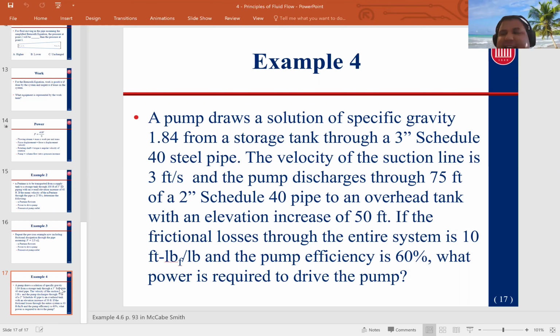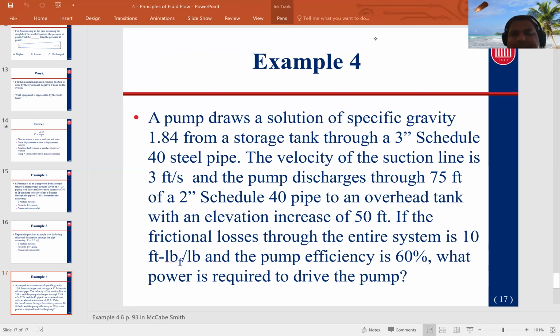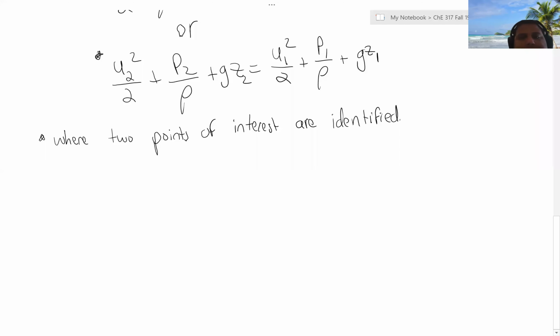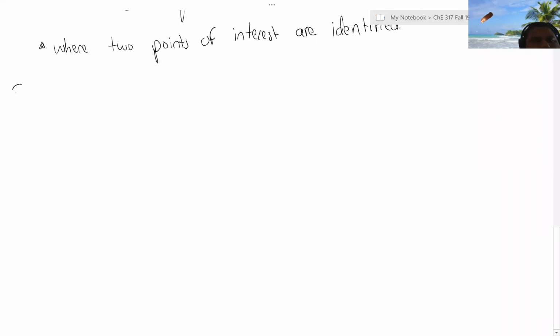I'll give you guys a few seconds to make any big notes that you would like for this before we jump in and start working the problem together. As always, the first thing I like to do with these types of problems is to draw them.